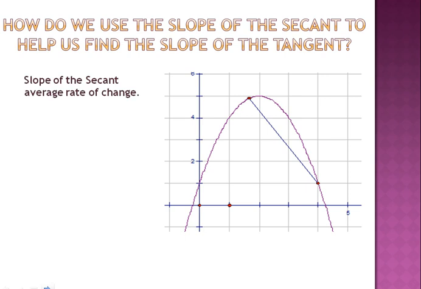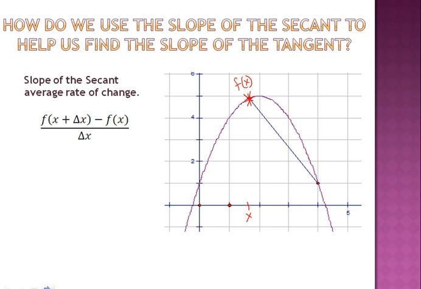We know that our slope of our secant is average rate of change, which isn't good enough because we want to study what's happening at exactly this point, not just a few milliseconds away. We want to know at this exact second what's happening.